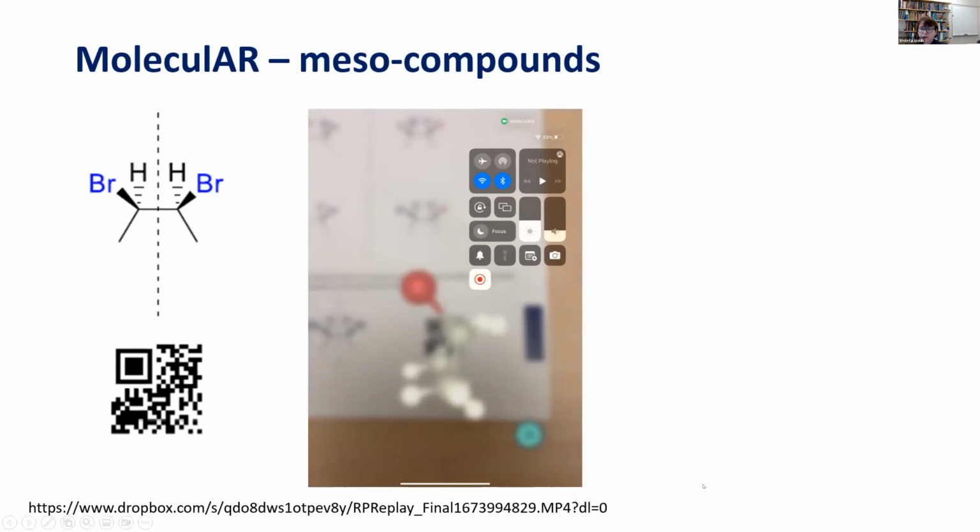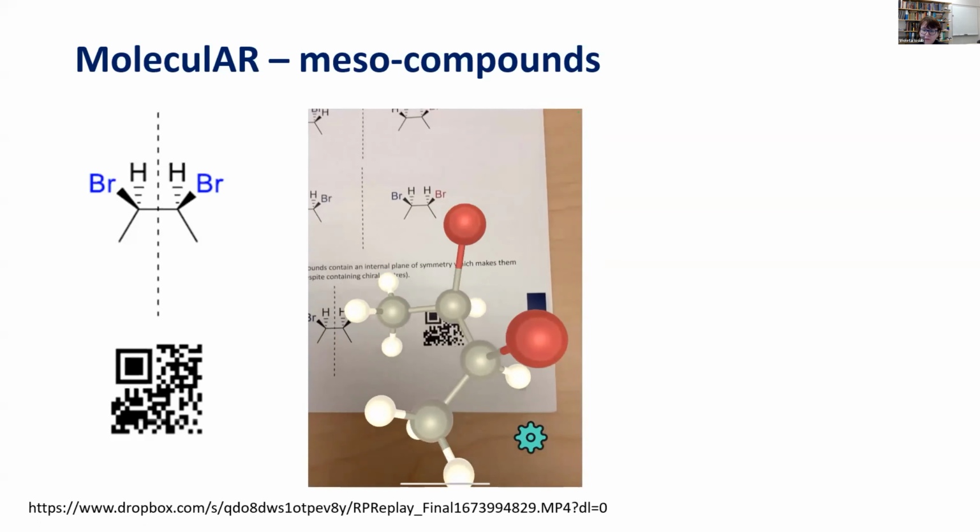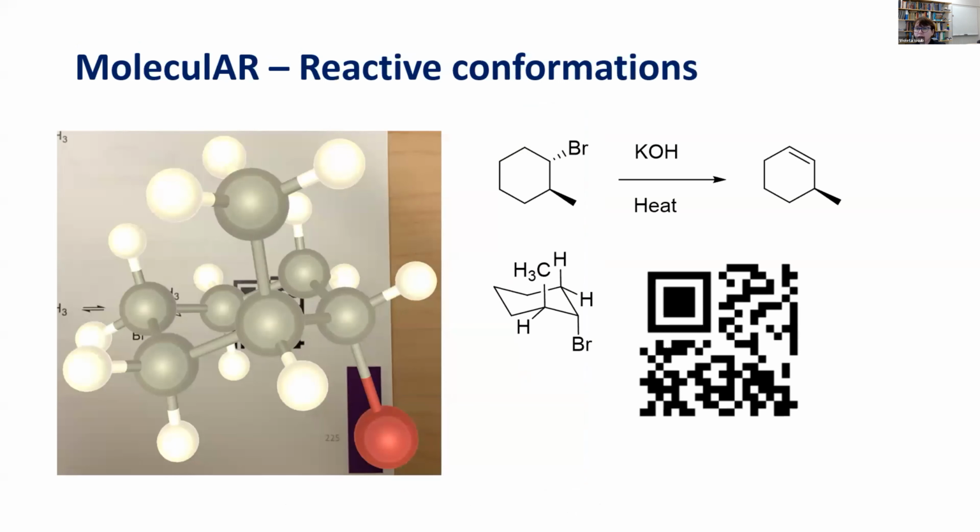I sometimes forget that you can zoom in or out. When I remember that, I play with that function, and I think this is one of those examples. We're looking into the reactive conformation for a particular reaction. When we talk E2 eliminations, we have to talk about the anticoplanar relationship between the leaving group and the hydrogen.